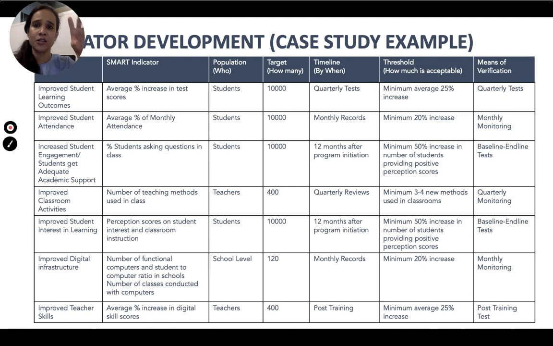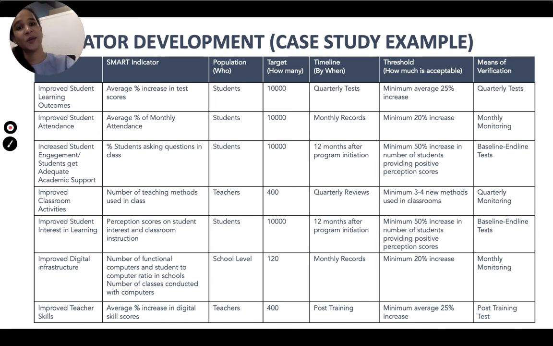So we're saying there should be improved student learning outcomes, where there should be an average increase in test scores for 10,000 students. It's not over the academic year, but over every quarter, we will see the test score increases. And in this case, we've said the target is for the population.